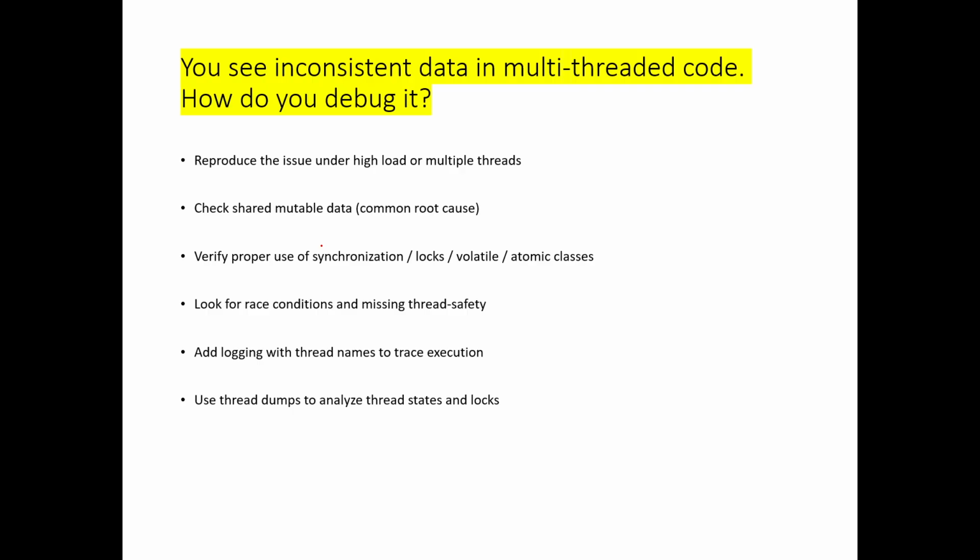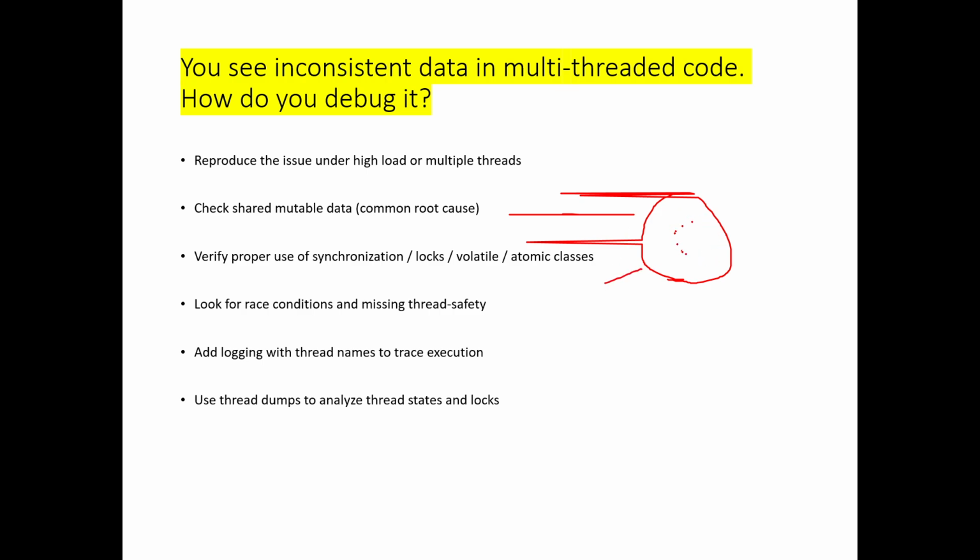Another question. You see inconsistent data in multi-threaded code. How do you debug it? That means in multi-threaded code, some common shared code is there, and multiple threads try to access it.